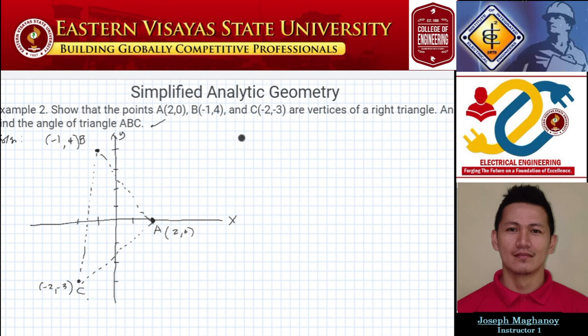So recall, slope by evaluation: slope of your angle BC, and for your slope 3, slope of CA.